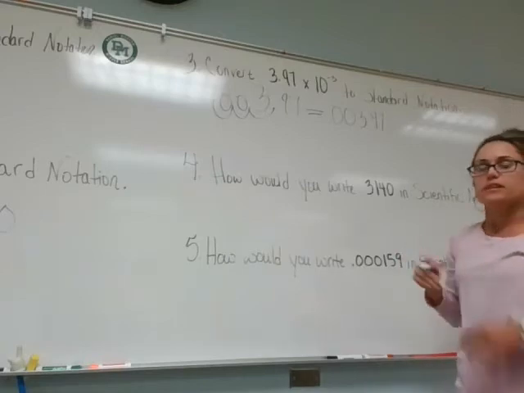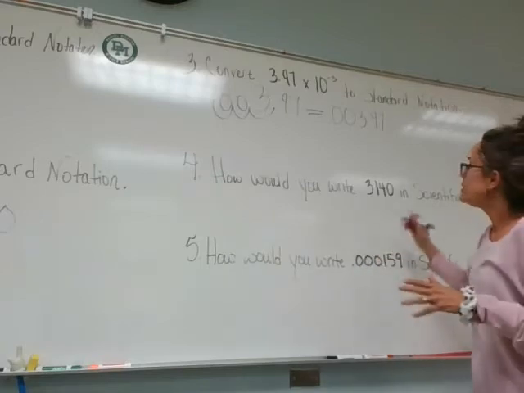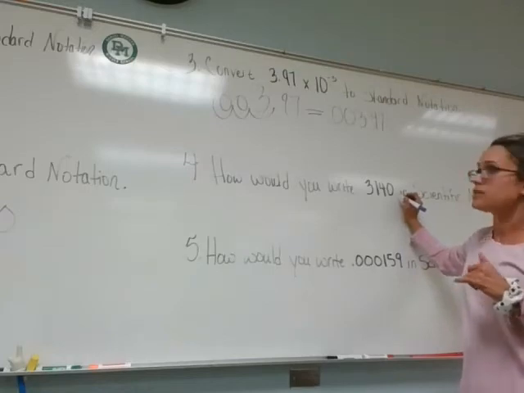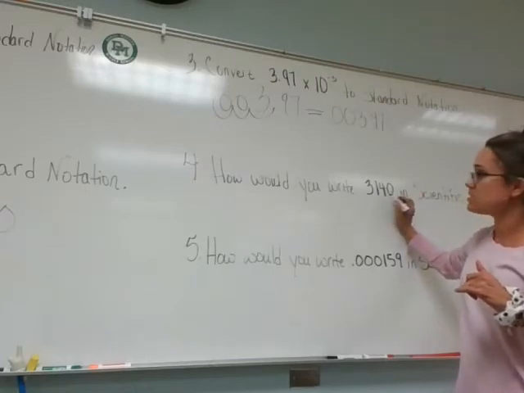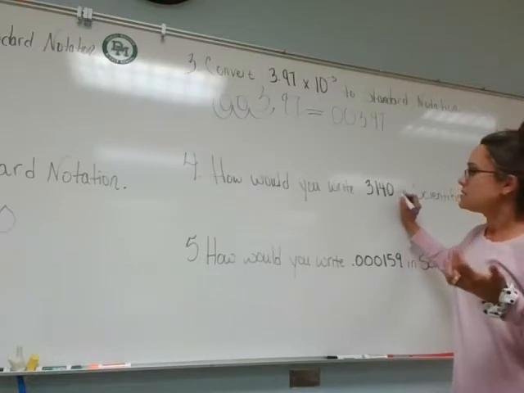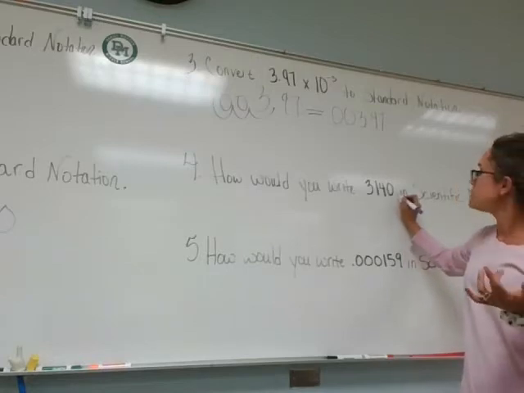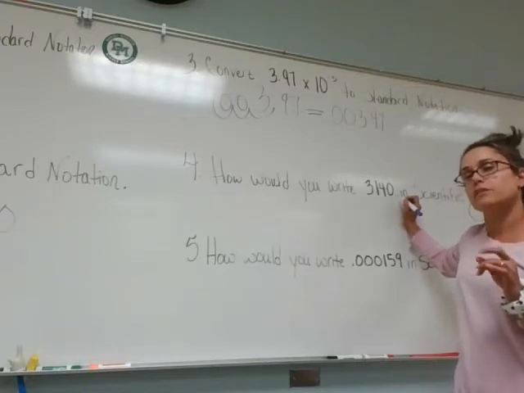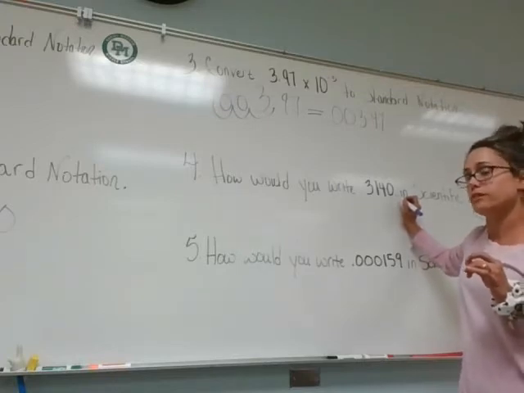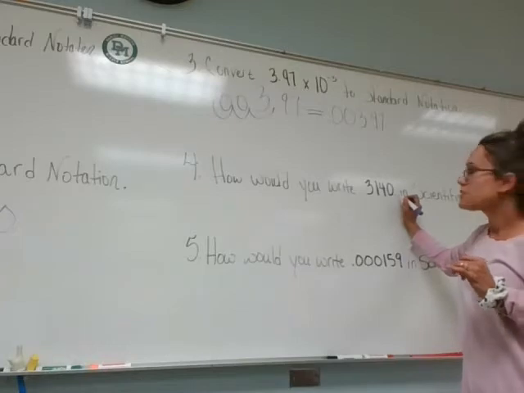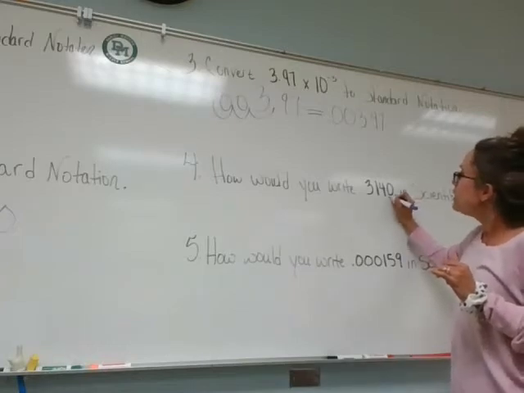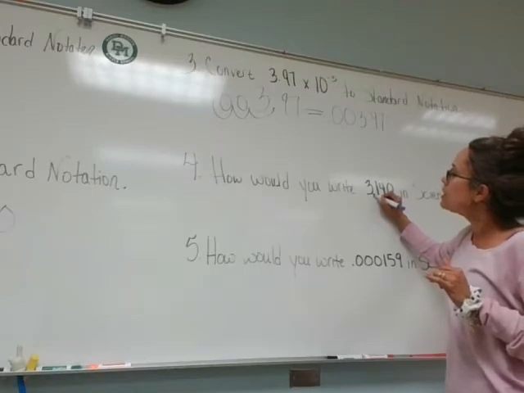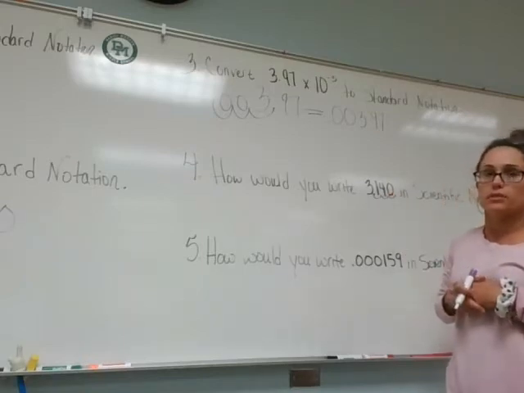Well, at the end of any number that doesn't have a decimal, the rule is the decimal is always behind the very last digit. Well, the last digit in this number is 0. So technically the decimal is behind the 0. Well, the rule is when you take a number and you want to move it to scientific notation, you take that decimal and you move it in between the first number and the second number.